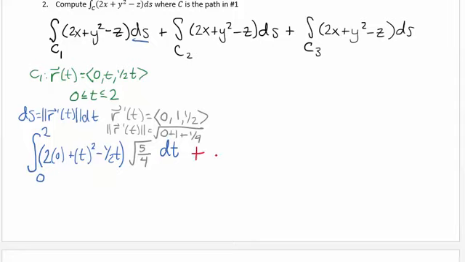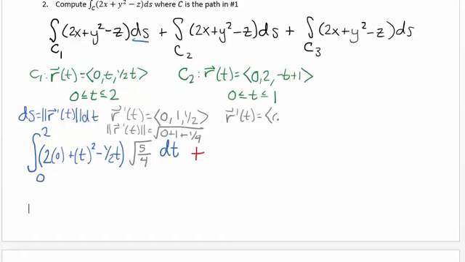So next, we're going to do the same thing for C2. So I want to look at what is my C2 path, right? How did we write that? So based on that option 1 parameterization, this was my path. Again, I'm going to have to find out what is r prime. This is 0, 0, -1 in this case. And then the magnitude of r prime here would just be 1. So nice and simple.